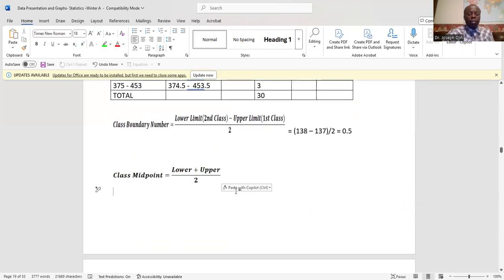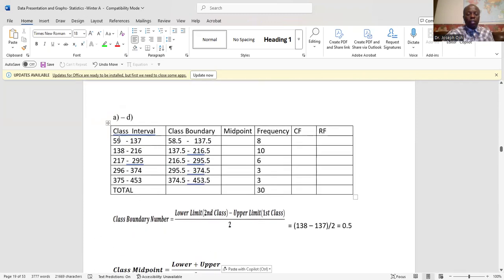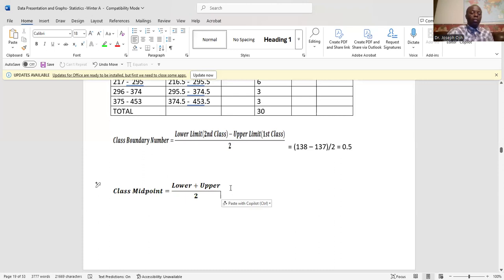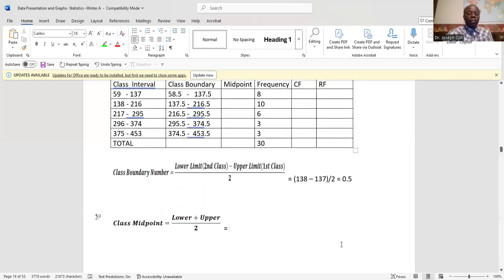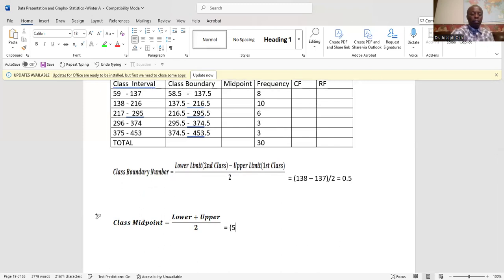Now for the midpoint, you do lower plus upper divided by 2. That means lower class interval plus upper class interval divided by 2. Or you can just do lower class boundary plus upper class boundary divided by 2. So for the first one, it can be 59 plus 137 divided by 2.